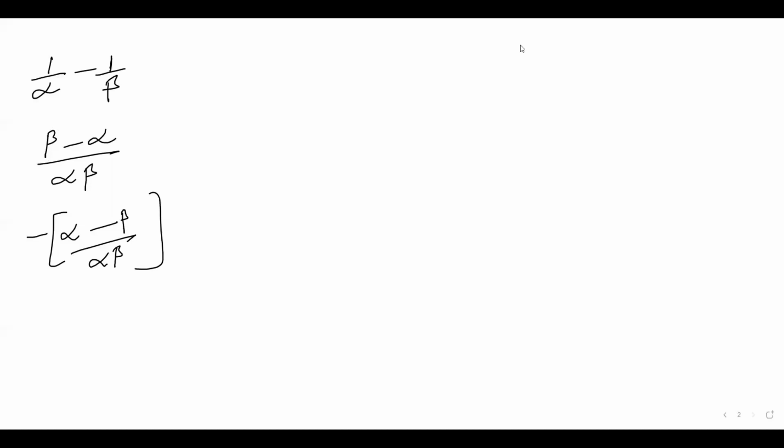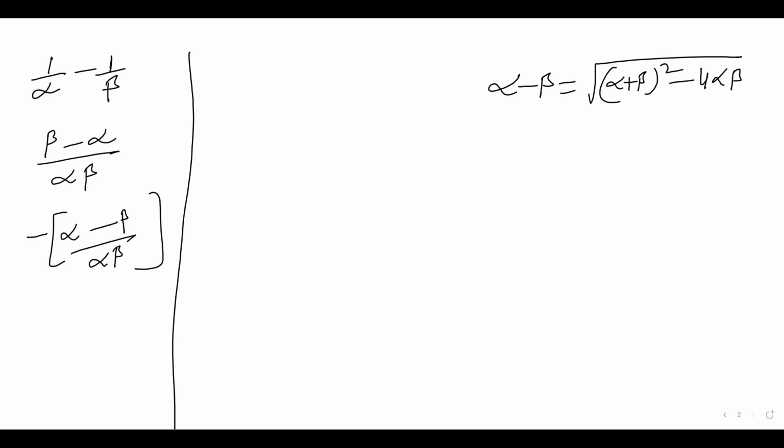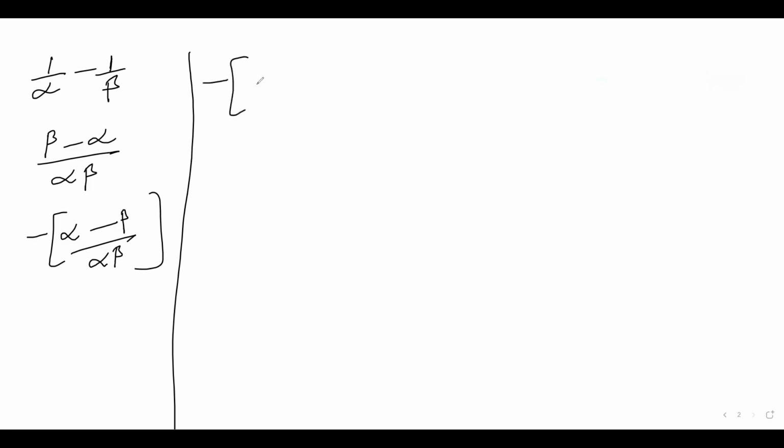I have already given the formula of alpha minus beta, which is nothing but under root alpha plus beta whole square minus 4 alpha beta. So let's write the formula of alpha minus beta, which is, keeping minus outside, alpha plus beta whole square minus 4 alpha beta under root by alpha beta. Now substitute sum and product.